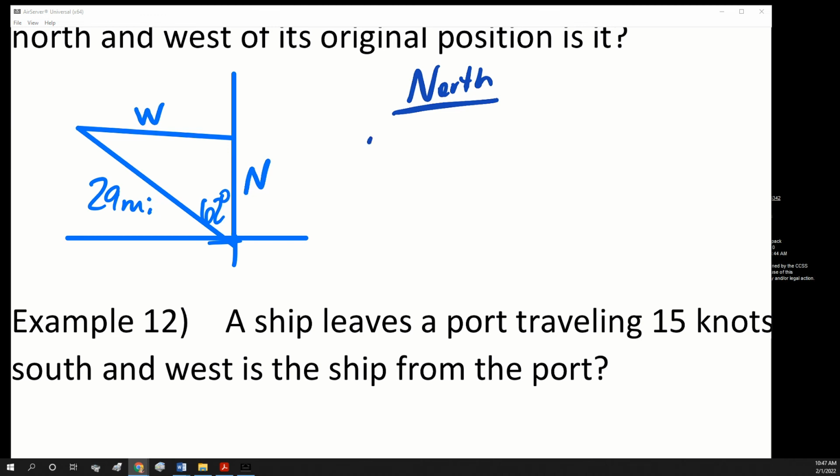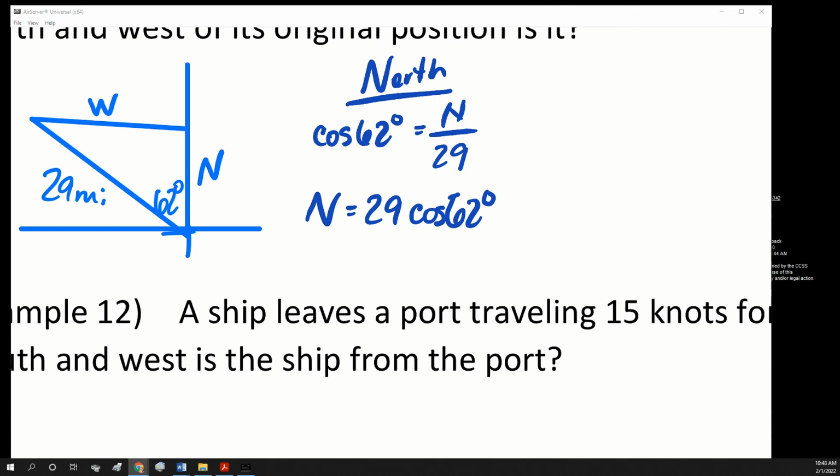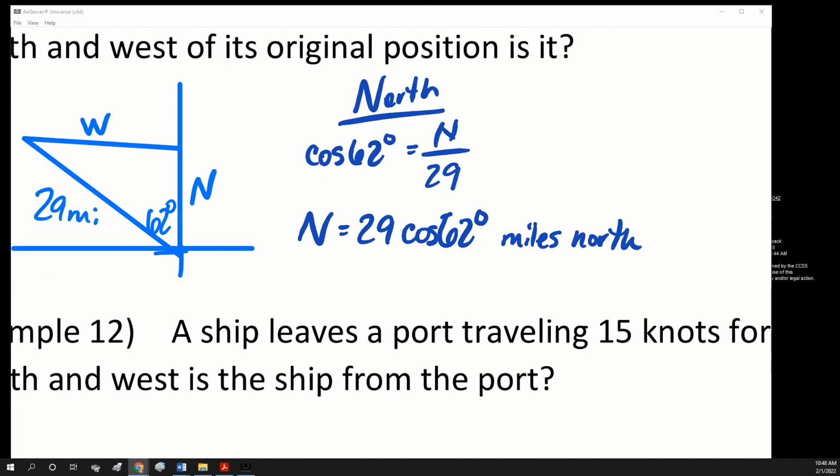So you would say that the cosine of 62 degrees is equal to n over 29, the adjacent over the hypotenuse. And the variable is over pi, so you're going to multiply. And then whatever your calculator gives you, that's how many miles north the Jeep is from its original position.